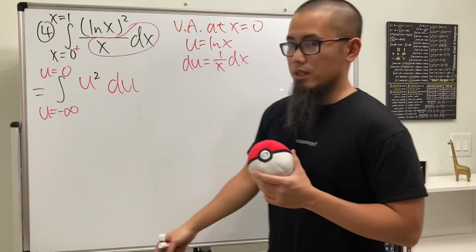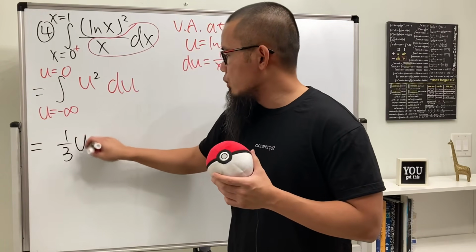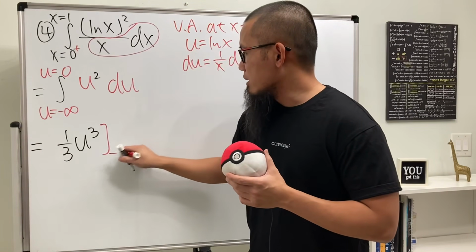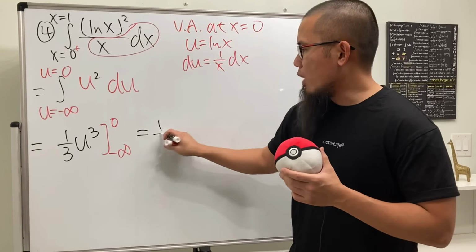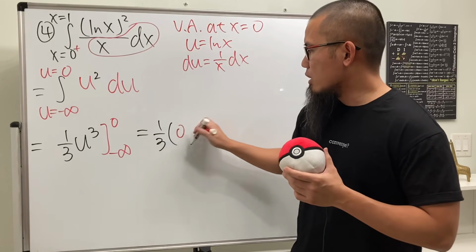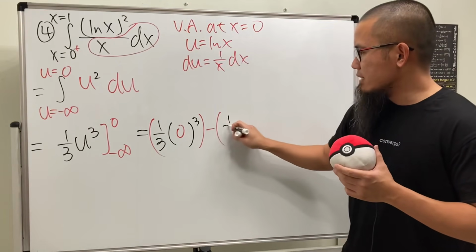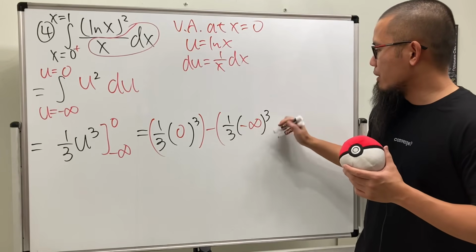Let's just integrate and this is what happens, right? This right here gives us 1/3 u to the 3rd power. And then we'll just have to plug in, right? We will get 1/3 times 0 to the third power minus 1/3 times negative infinity to the third power.